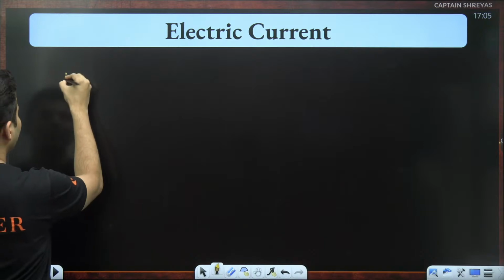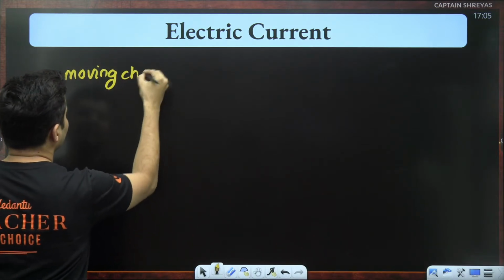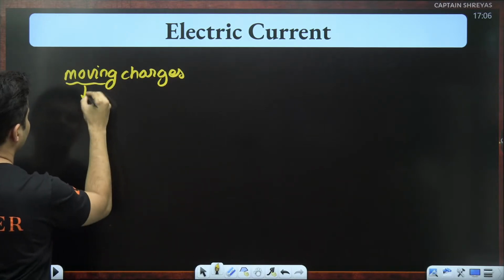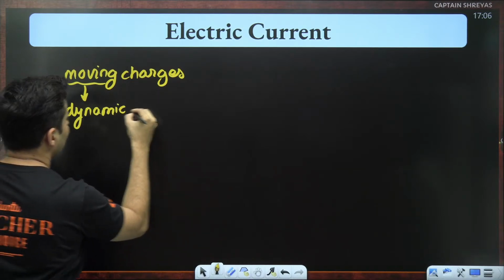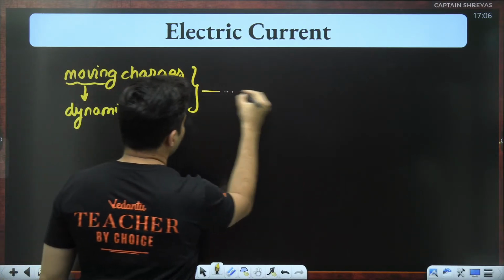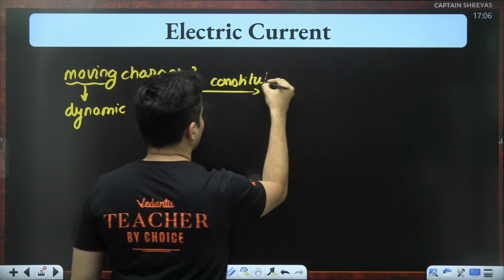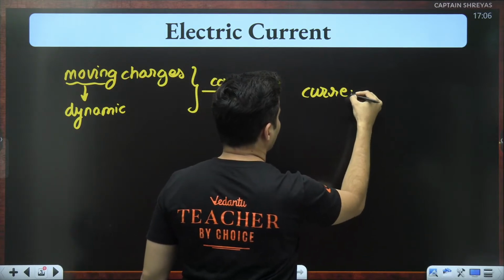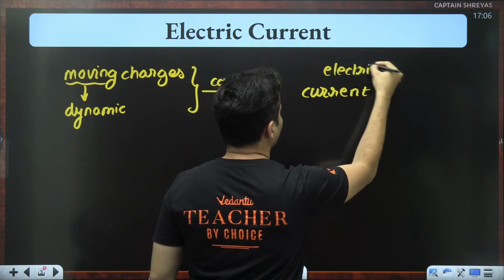So moving charges, moving as in dynamic, constitute nothing but the electric current.